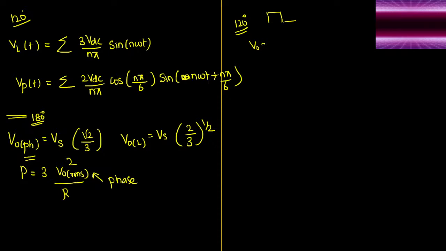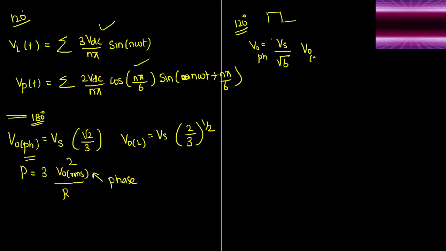That output voltage is only further expanded in terms of harmonics plus fundamental with the help of trigonometric Fourier expansion. So V naught, this is 120-degree, right? If you are considering phase voltage, it will be supply voltage upon square root of 6. Yes, I'm correct.